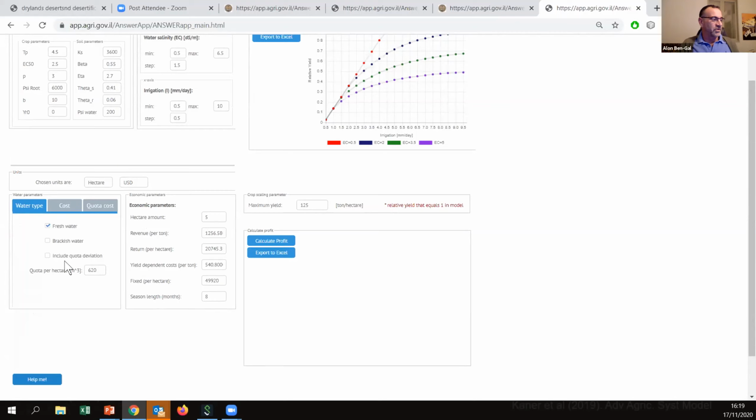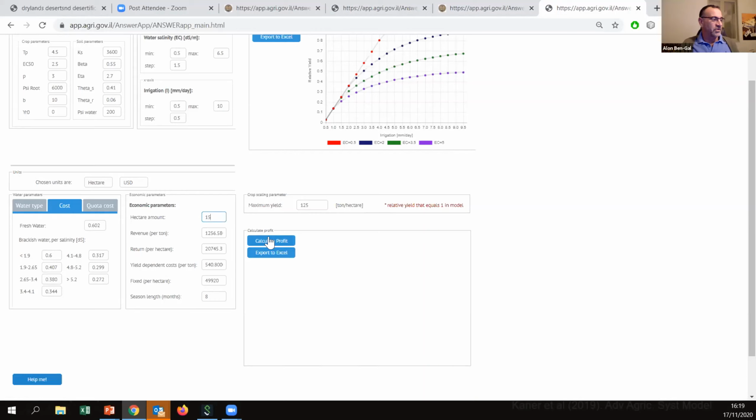So we added a coupled section where we have the economic terms, including cost of water, and including all the things we need to do to be able to calculate profit or loss based on the yield and based on the water that's being used.